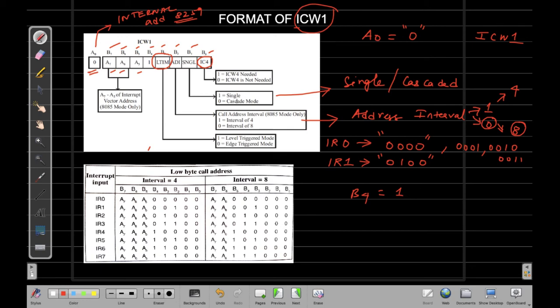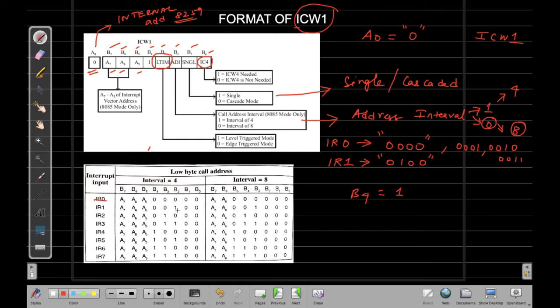Now the remaining bits, which range from 0, 1, 2, 3, 4, are vacant. They have to be inserted, and this is inserted by the system itself. The 8259 will insert these bits on its own.